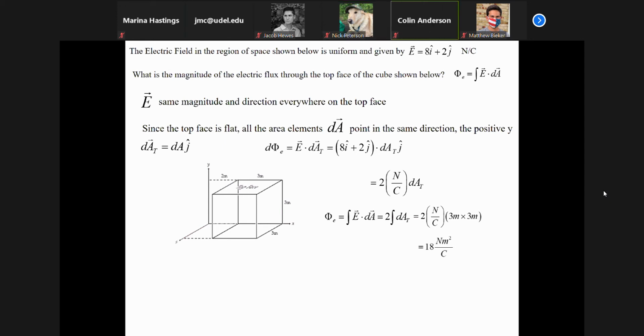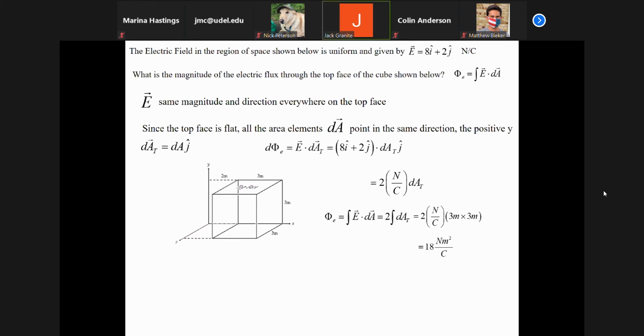So how would things change if I take the case where, I don't have it labeled, but it's one of the sides of the cube, say the face in the ZY plane, such that the vector direction that describes the area elements on that surface points in the positive X direction? Would that change our result, for the same electric field shown here?